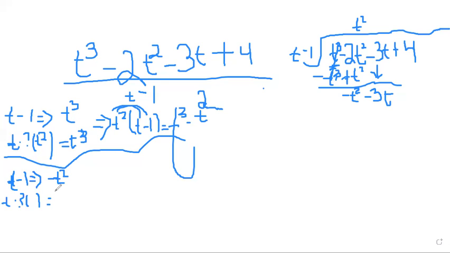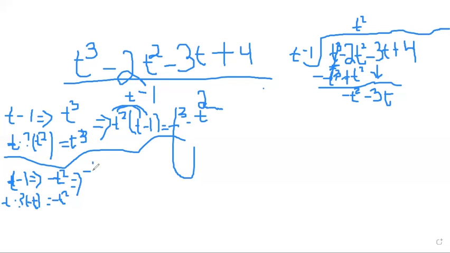So what I need is a negative t. So I realized that what's missing to give me a negative t squared is the t, and then on top of that, to make it a negative, I know it's the negative t. So that lets me know, put it all together, what I'm going to multiply.